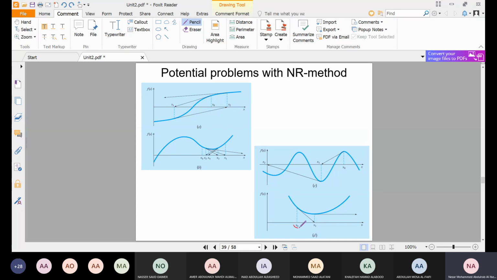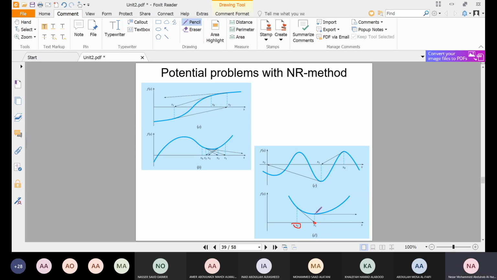I started from this initial guess, x0. After that, I use the tangent here; the cross point between this slope and the x-axis will be my new estimate, xi plus 1.